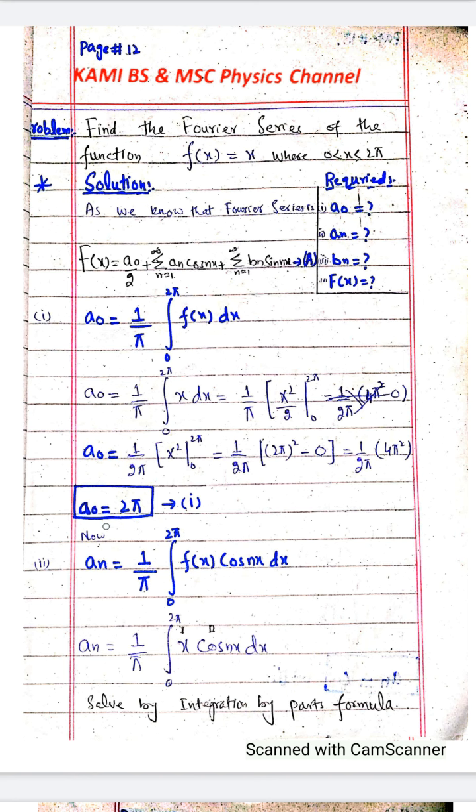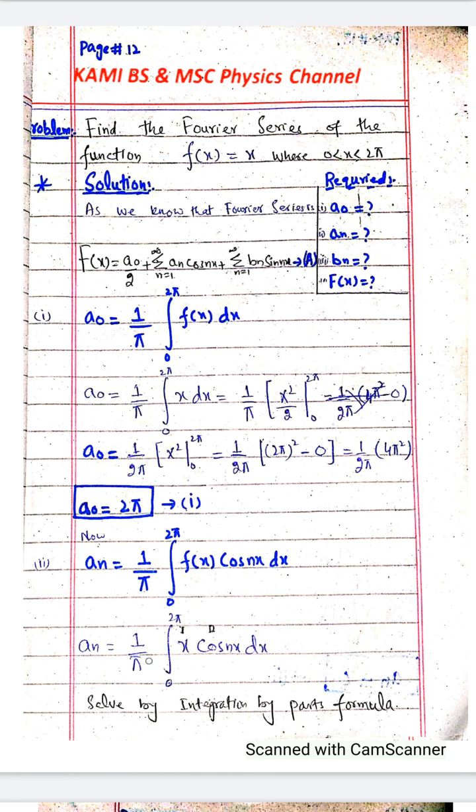This is a naught. We found a naught. Now we will find a n. We also have a formula for a n. A n is equal to 1 over pi integral 0 to 2 pi f of x cos nx dx.